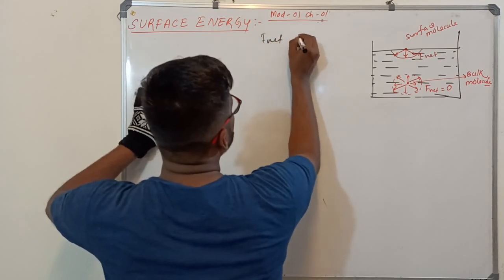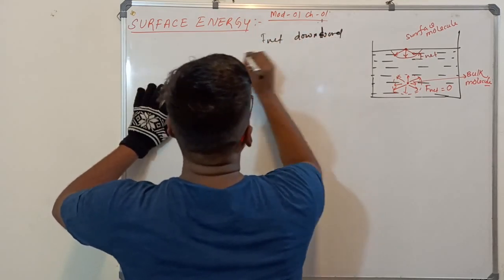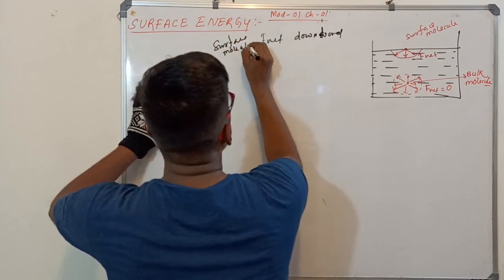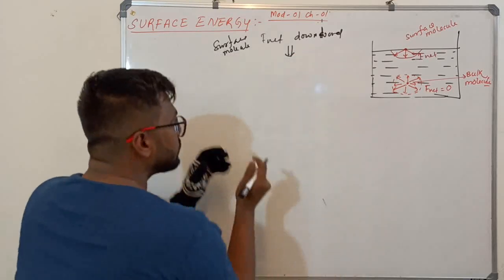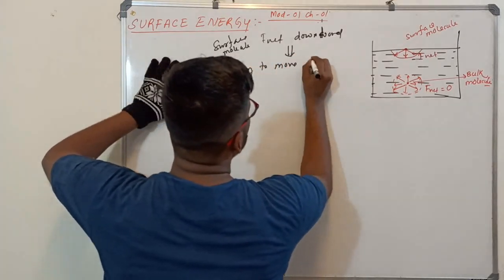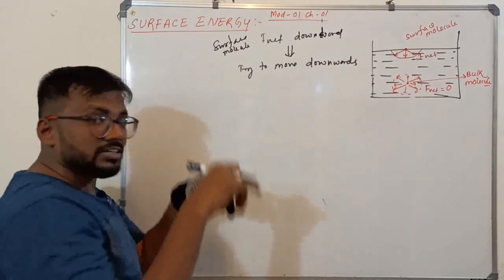So what is your F net? F net is downward for the surface molecule. This implies, because they are pulling it downward, the surface molecule will try to move downward.